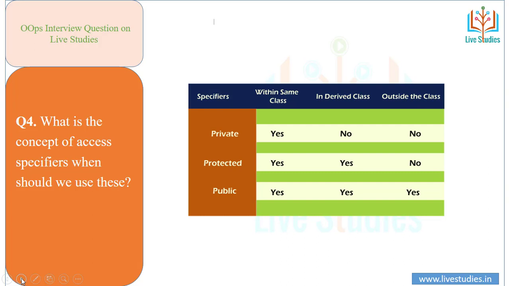Suppose I'm using the private keyword, so it is only accessible within the class, not in another class or outside the class. But protected is used in the same class and the derived class, but not outside the class. But public is used in a class, a derived class, and also outside the class.